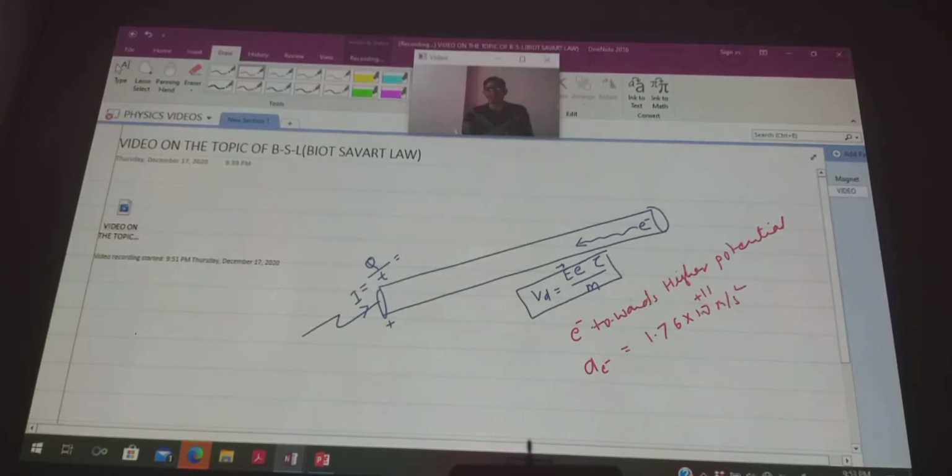Whenever the charge is accelerating toward the higher potential, at that time a magnetic field is produced around it, like this.